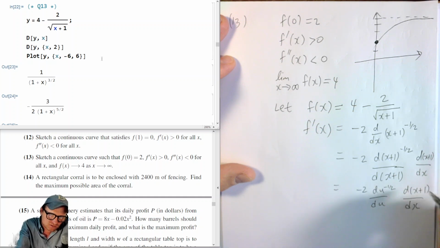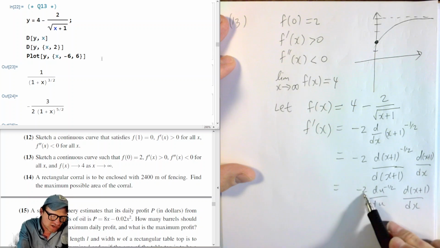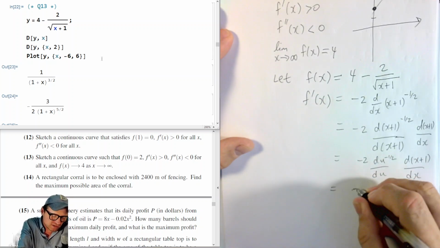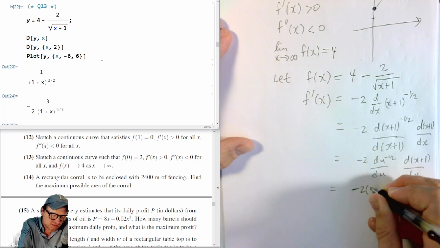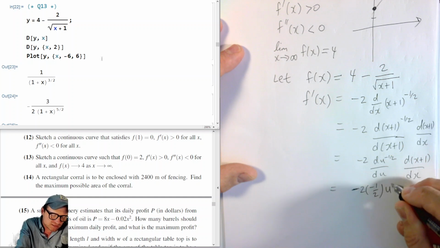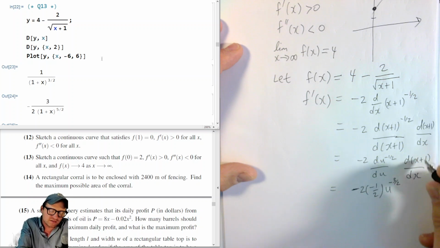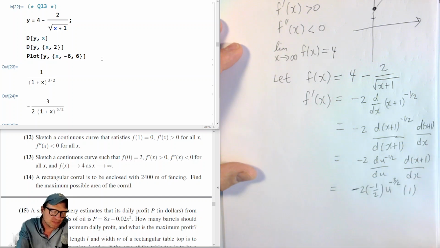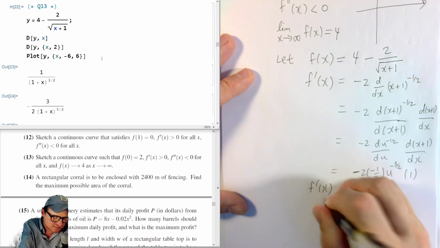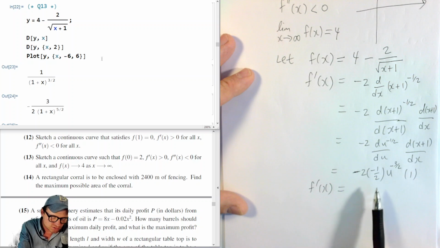Now this derivative is just 1. To do this one, we bring down the minus a half. So we have minus 2 times minus a half, and then we subtract 1 from the exponent, so we get u to the power of minus a half minus another 1, which is minus 3 over 2, and then this derivative here is 1.